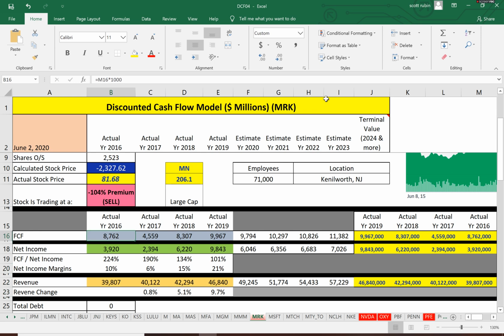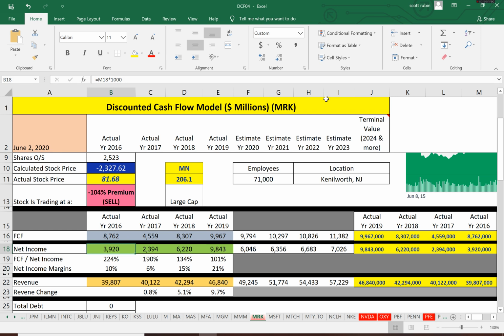So let's look at the numbers. Free cash flow jumps around as it usually does, because some years there could be a big investment of a building or products or something like that. That could bring down cash flow. In other years, they might not have that one-time investment.